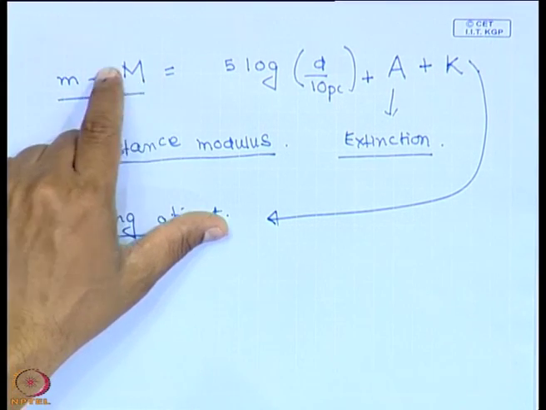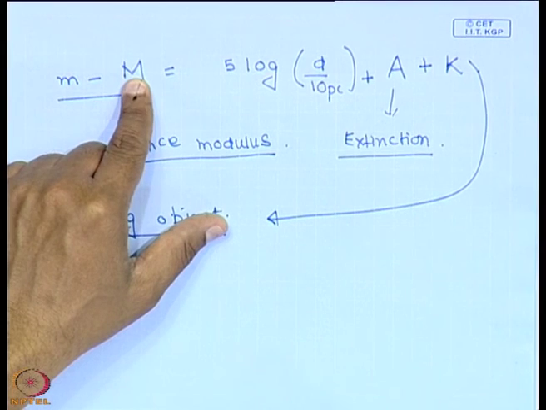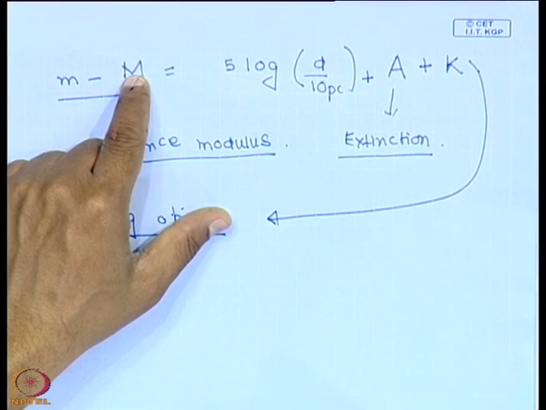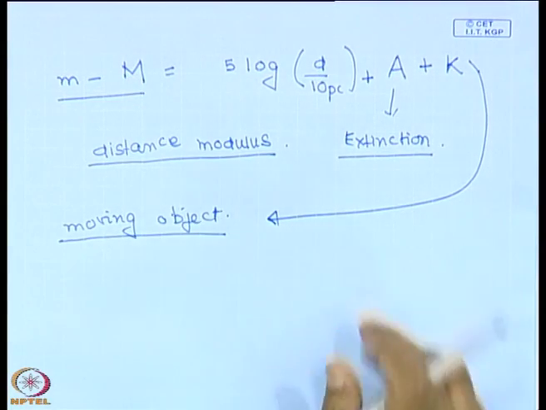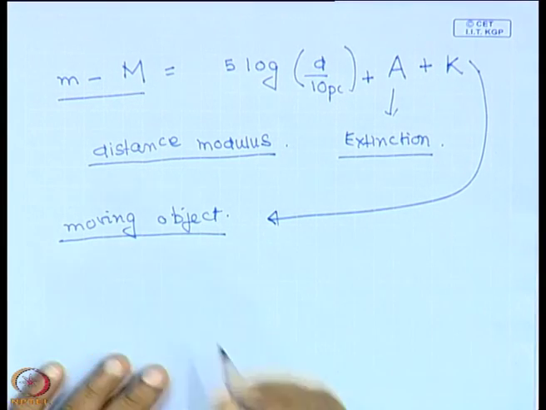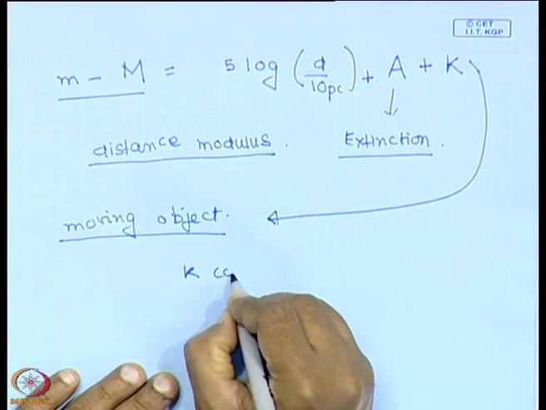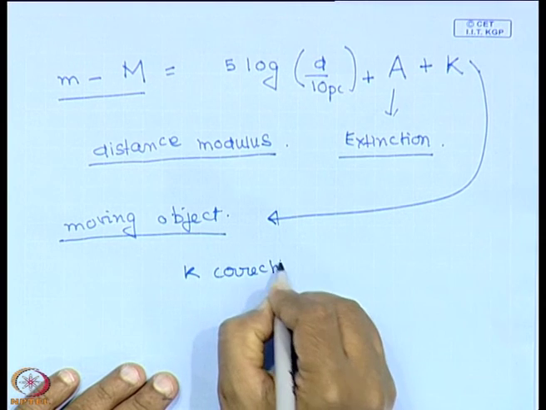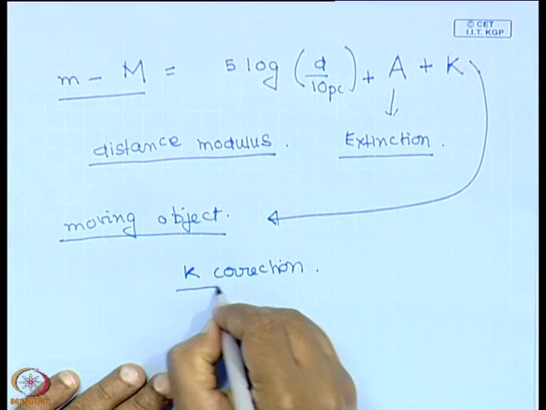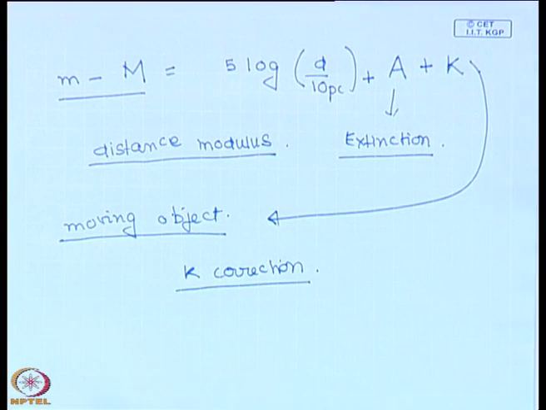This refers to the flux in the rest frame of the object. That is incorporated through the K correction, and it is important in cosmology where the sources are all redshifting away from us. So, one has to incorporate the K correction there.